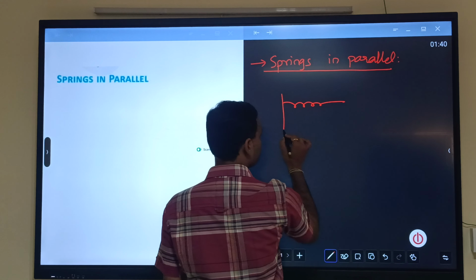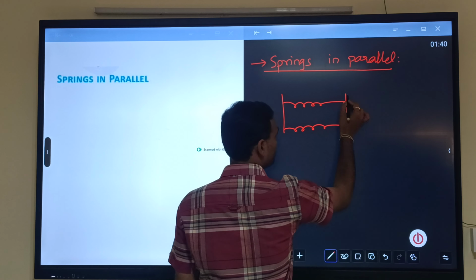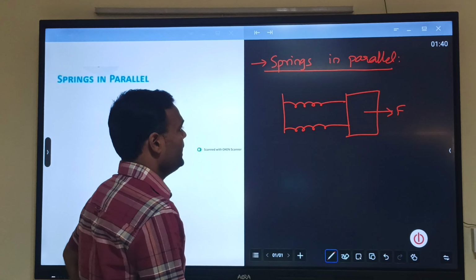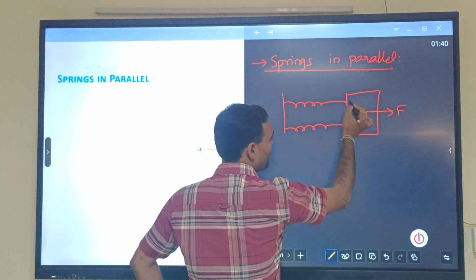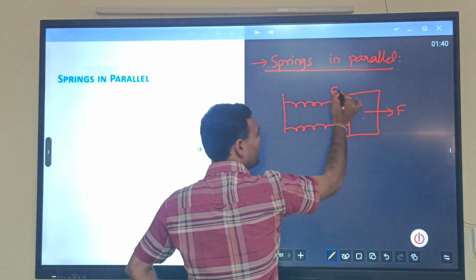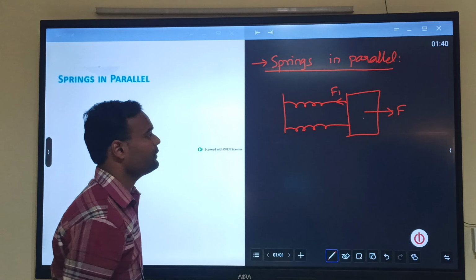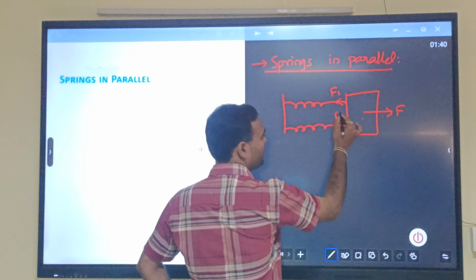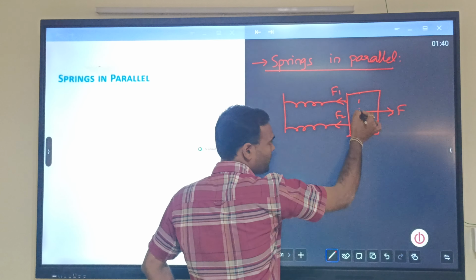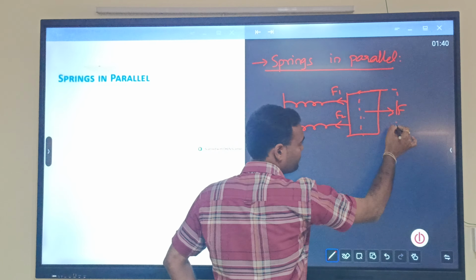Suppose some force F is acting, and because of this force the block will move in the rightward direction. Automatically this spring will pull towards the mean position with the spring force F1, and this with the spring force F2. Now see one most important point here.